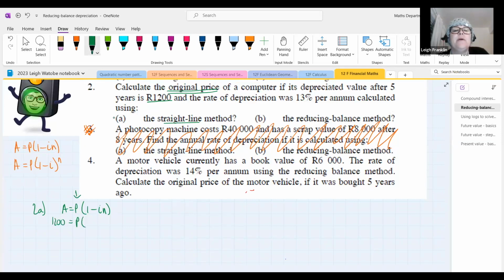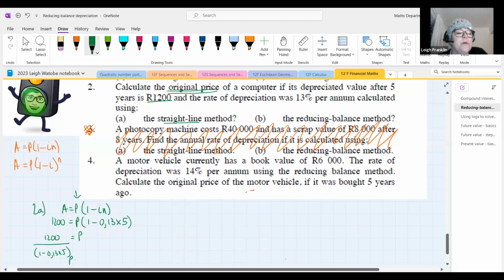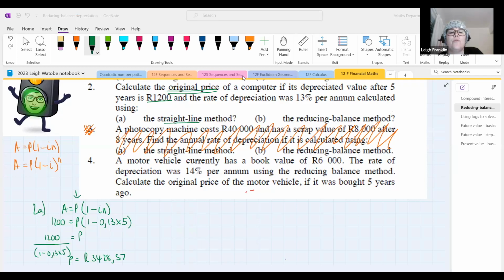You are calculating P. So here you've got 1 minus its depreciation rate of 13%, and it is for 5 years. That's what you should have written there. Then when you calculate the value of P, you're going to divide the 1200 by the bracket. So you should be getting P is equal to 3428. Those of you that are getting 420 as your answer, do you know where you've gone wrong?